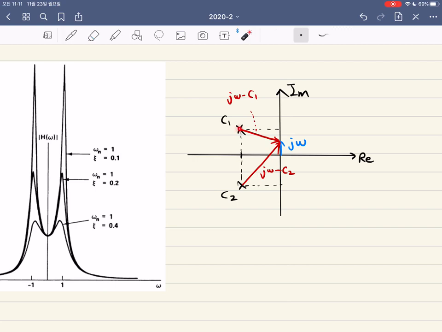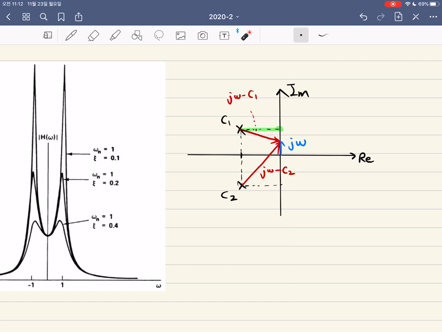gets the smallest? When you have omega here, right? So this is the part where you have the smallest value of the length of this vector.